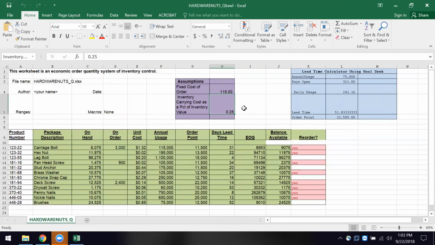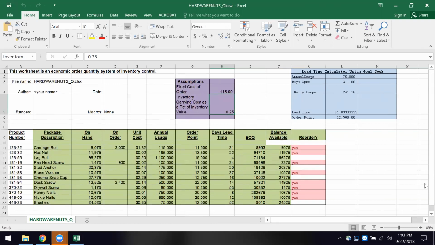That means storing them, taking care of them, making sure they don't get stolen, making sure it doesn't go bad. And so a shortcut that a lot of people use is just simply to say the inventory carrying cost is a certain percentage of the inventory value. And in this case, they said it's 25%.